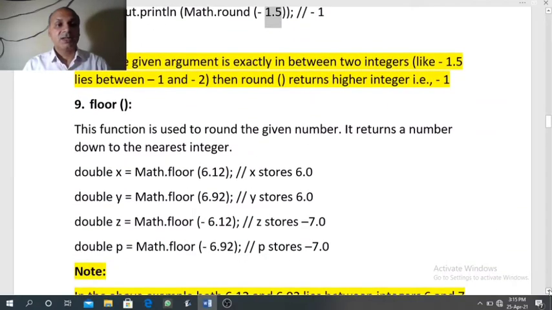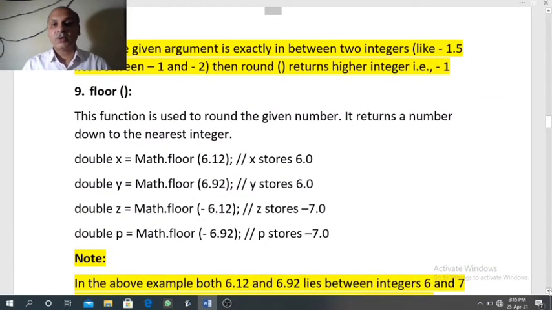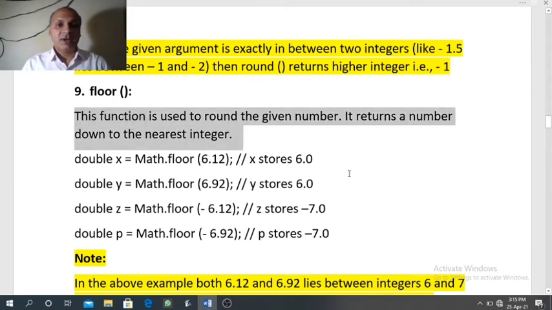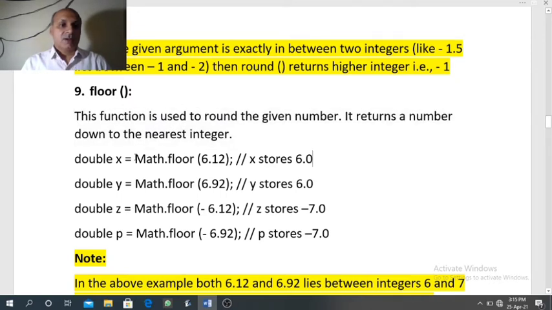Now the next function is floor. Floor and ceil, these two functions are very important and very easy. They are asked in the board exam many times. This function is used to round the given number. It returns the number down to the nearest integer. Example, math.floor.